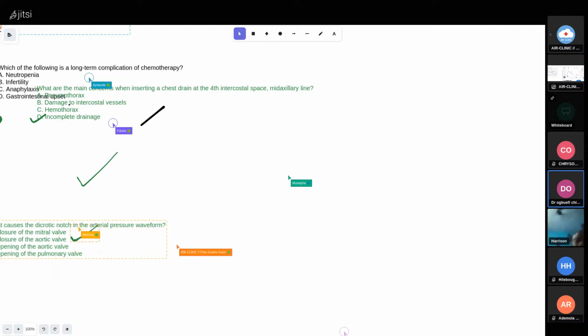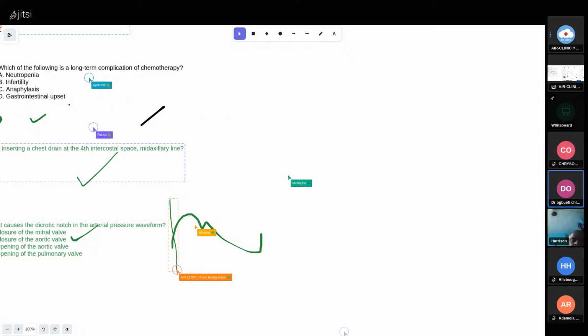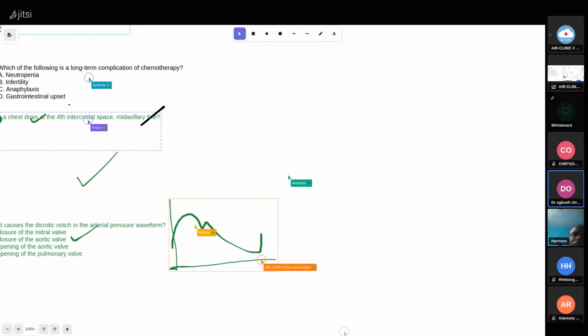The waveform is something like this. Then this is a notch and it goes down like this. The y-axis is aortic pressure, and the x-axis is the time.